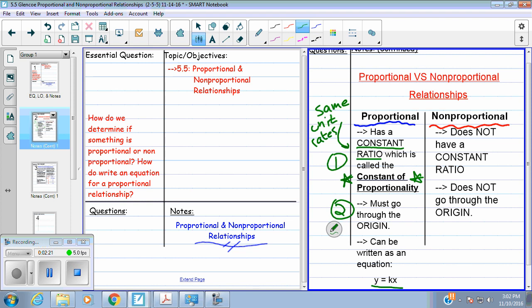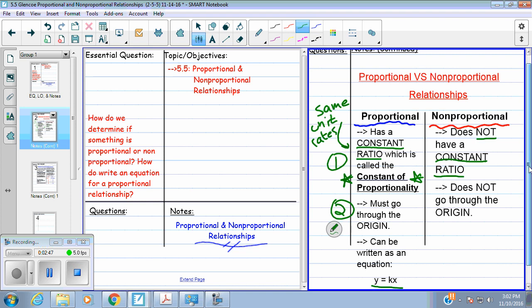If something is non-proportional, that means the unit rates were not the same, or they did not have the same constant ratios. And also, it could have the same constant ratios, but if it does not go through the origin, we can't call it proportional either. So we have these two categories. Does it have the same unit rate, and does it go through the origin to call it proportional?